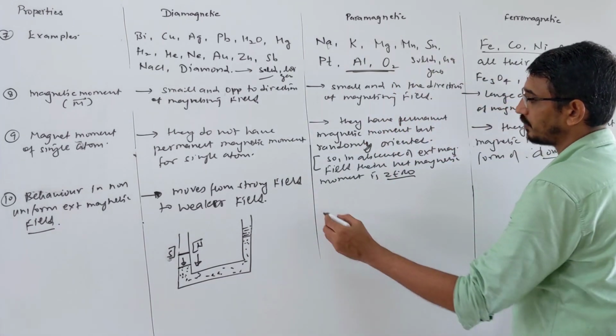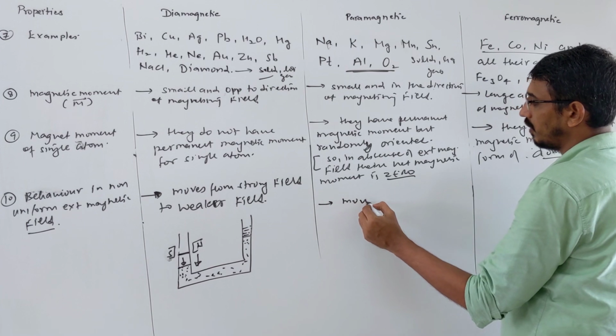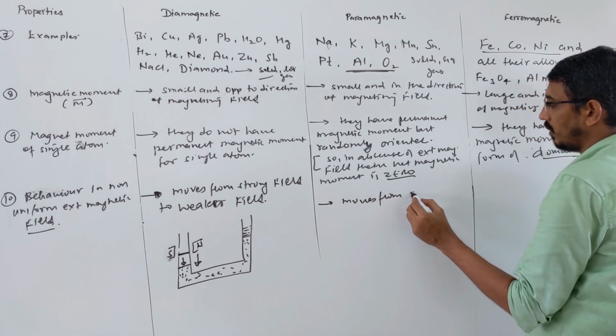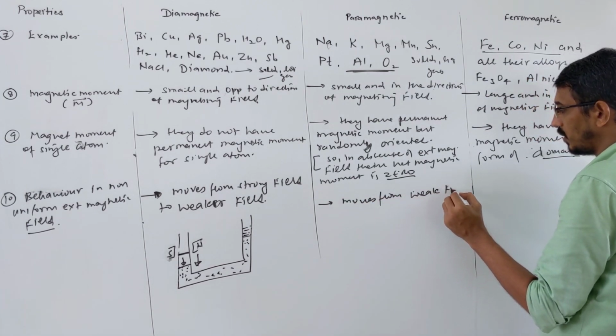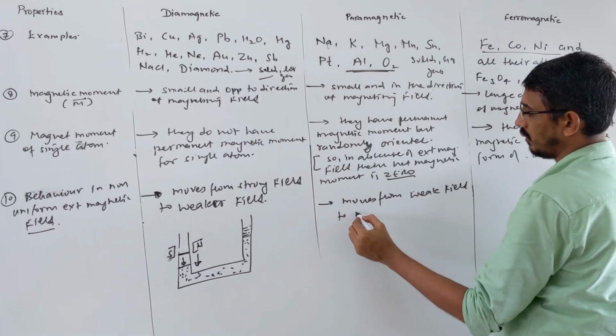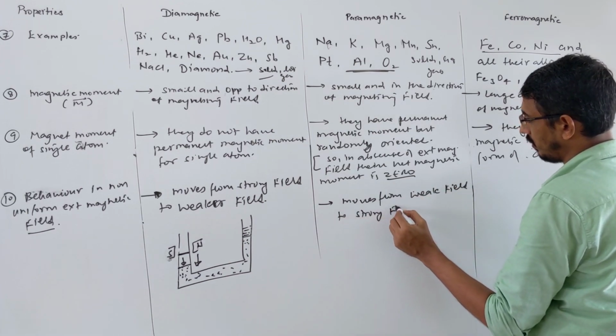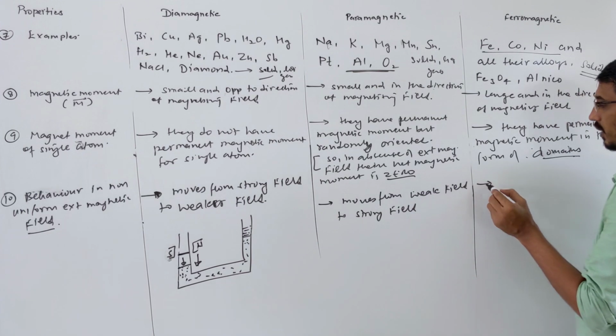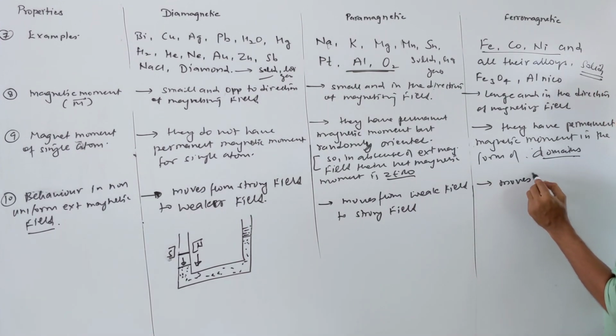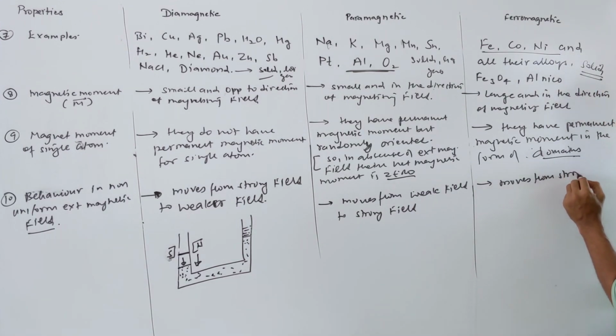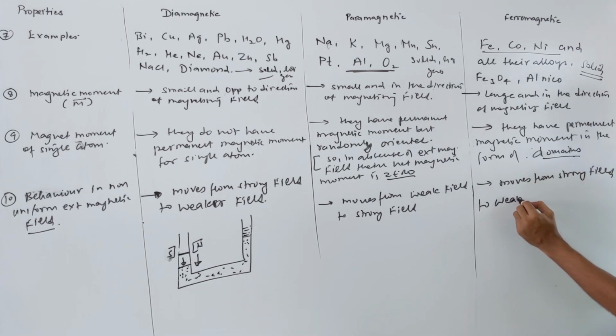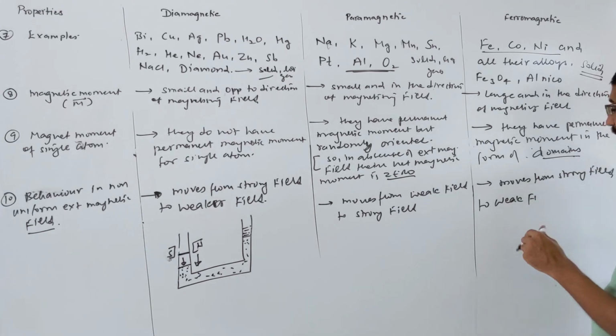Opposite will happen in these two guys. They move from weak field to strong field, right? Same thing here also. Moves from strong field to weak field. Sorry, I wrote it opposite here. Please give attention.